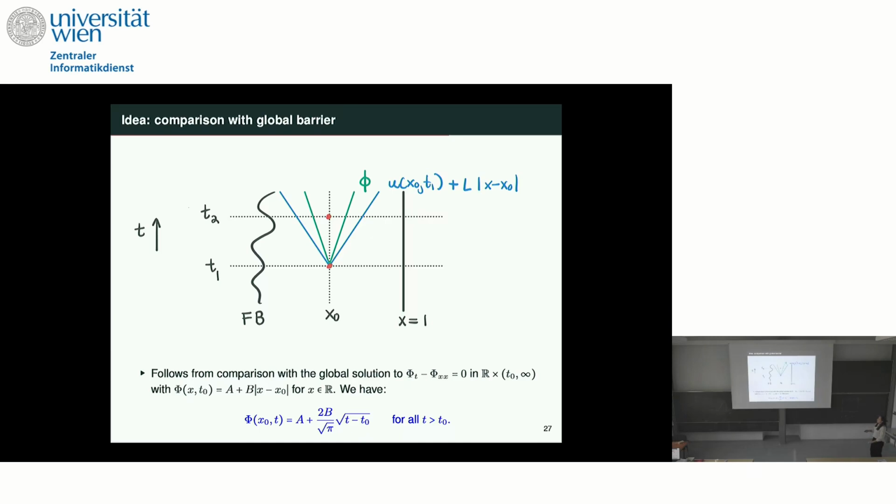By comparison, u will be below the barrier function phi. And then you can use the heat kernel. So you can use the representation formula for these global solutions that have this type of initial condition and check that over this axis they are exactly equal to essentially the square root of T2 minus T1. So this really comes from the behavior of the global solution to the heat equation. And you can do the same thing from below. Okay, so that's the proof of the improvement of regularity in time.